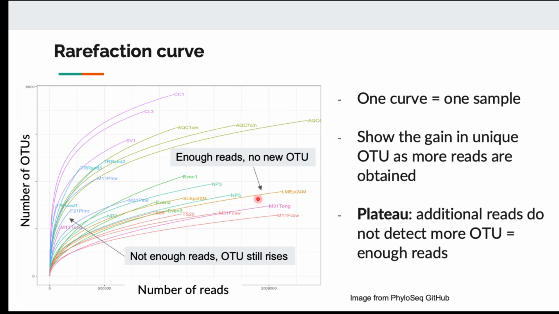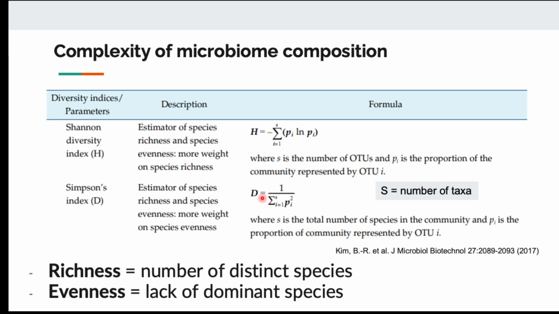The rarefaction curve only focuses on the number of OTU, how many species you see. In technical terms, this is called the richness of the sample. How rich is the sample? It's the number of distinct species or distinct OTU that you can identify.